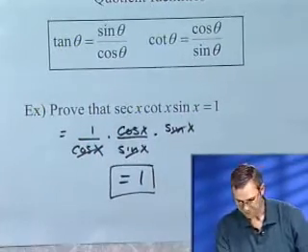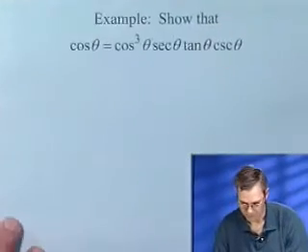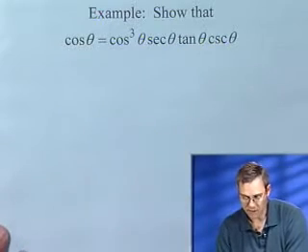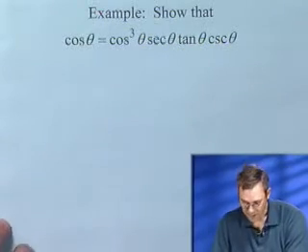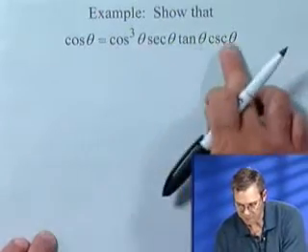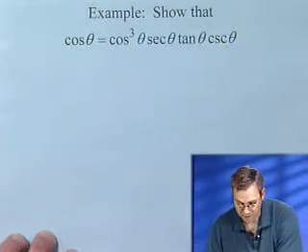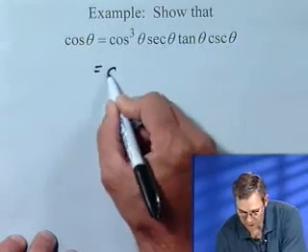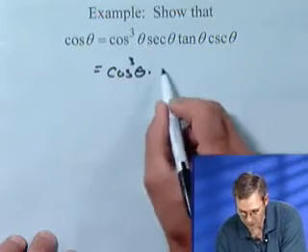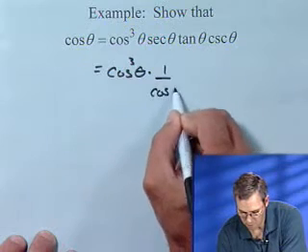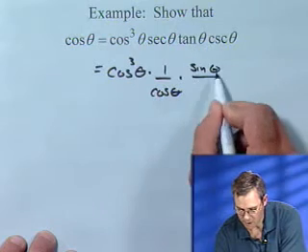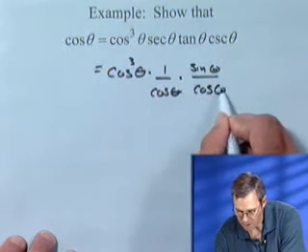Let's do one more. In your homework, you'll have lots of practice. It says, show that cosine of theta is equal to the following. Let's work with the right-hand side this time and see if we can reduce it to cosine. Here I have a cosine cubed. Secant, remember, is 1 over cosine. Tangent is equal to sine over cosine. You might want to have your identities handy when you're doing these problems.